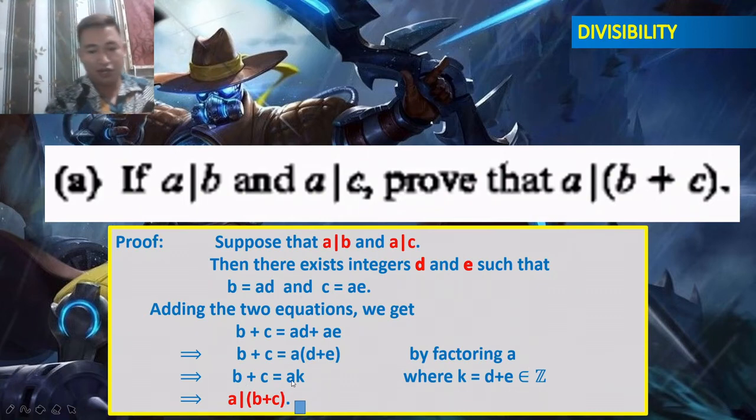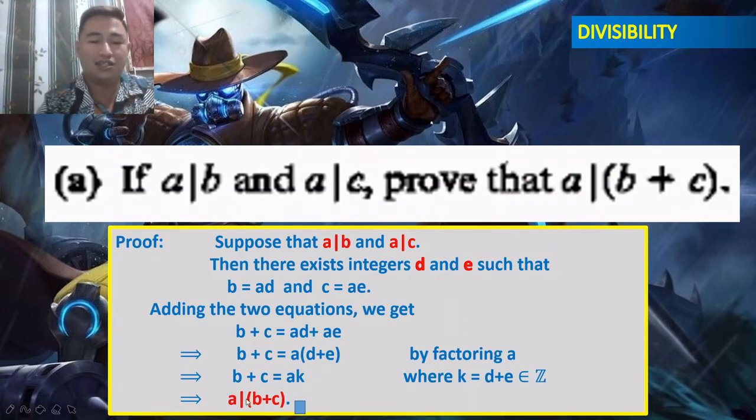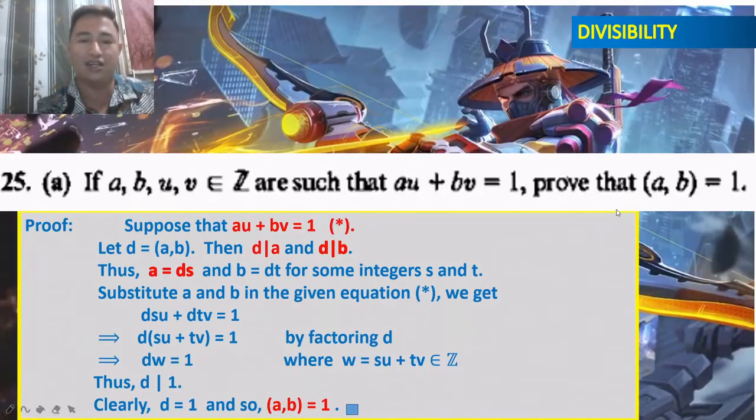So, clearly B plus C is equal to A times an integer K. So that is, A divides B plus C, and we are done.